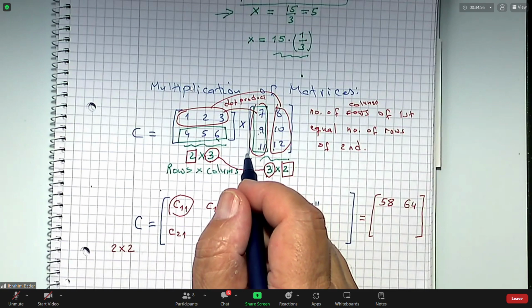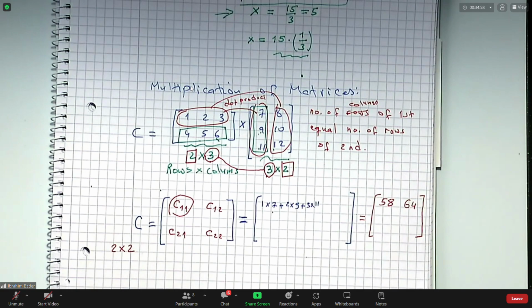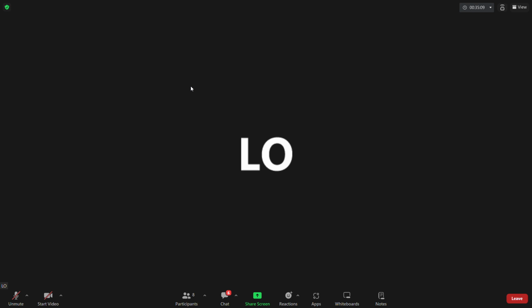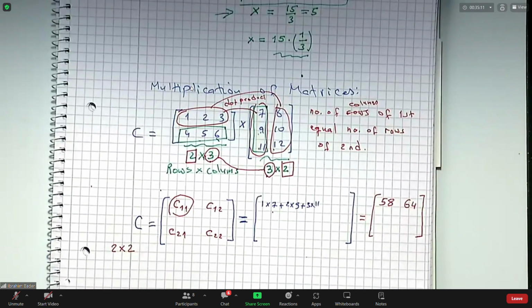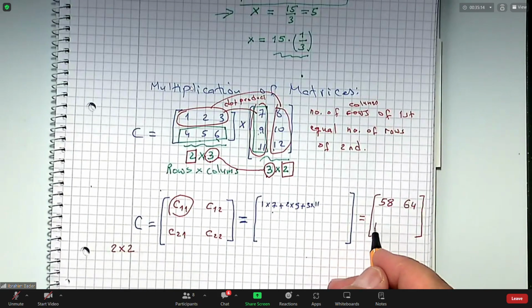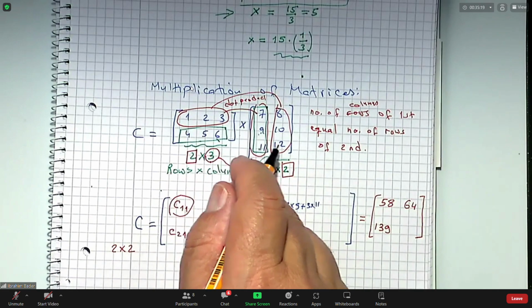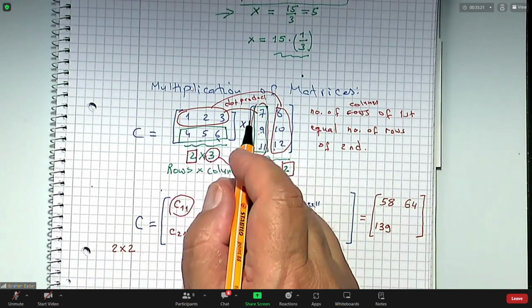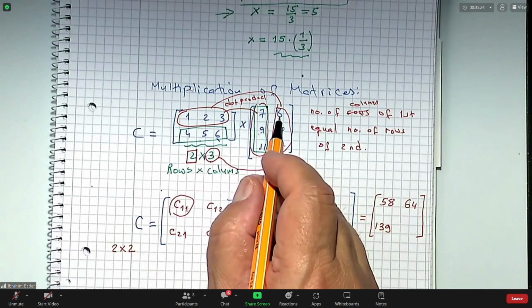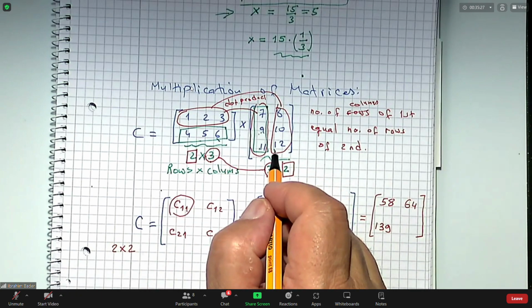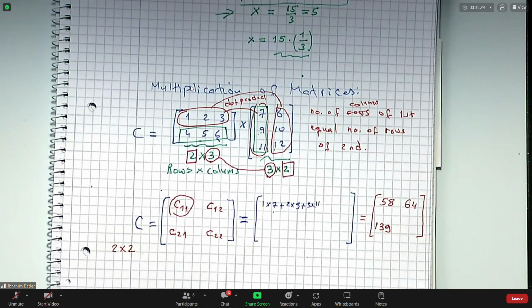So I get 28 plus 45 plus 66, which is 139. The same here: I multiply the second row with the second column, 4 times 8, 5 times 10, and 6 times 12. And I got 154.